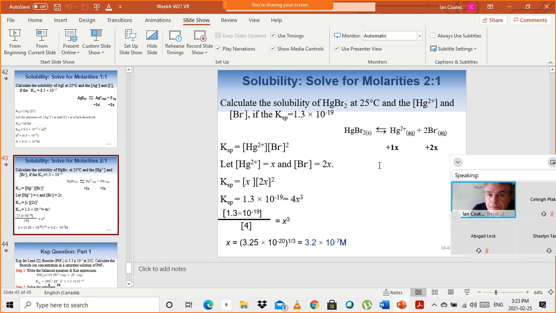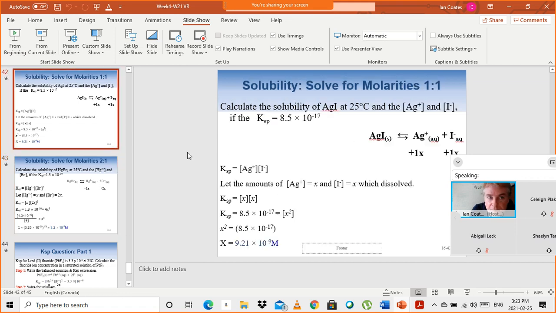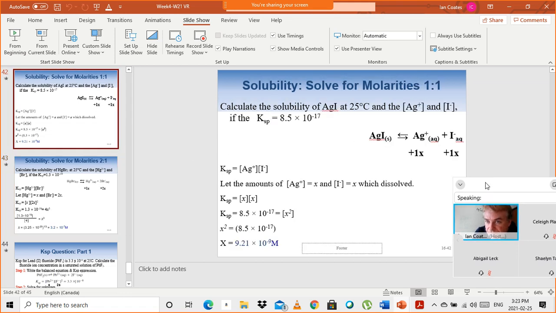For all of these equilibrium questions, you should ask yourself: when one of these guys breaks, how many of these guys do I make? If you look at the previous question, it was 1 to 1. So when one of these guys breaks, I make 1 and 1.